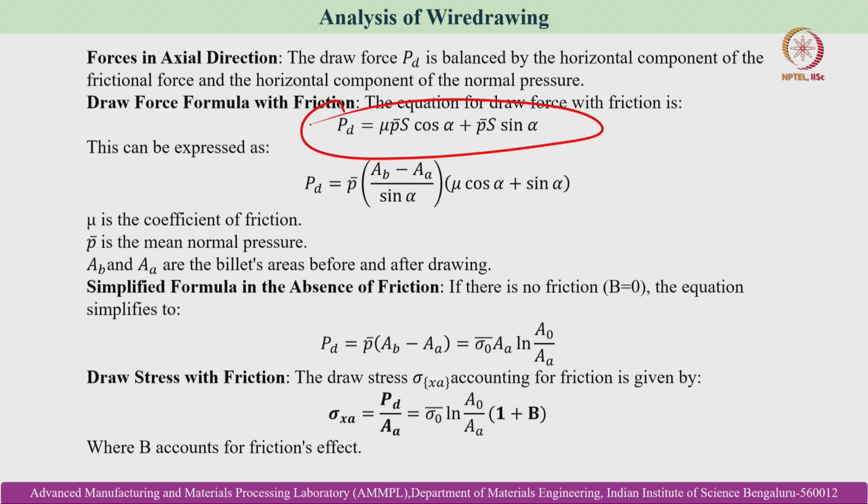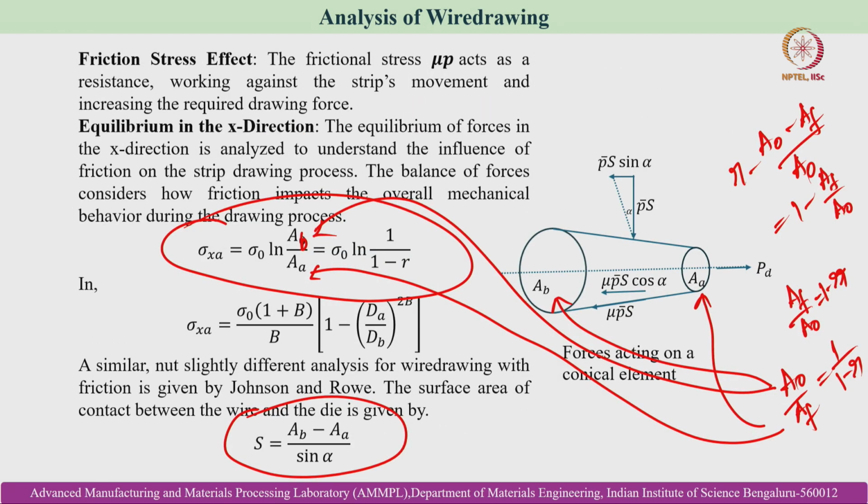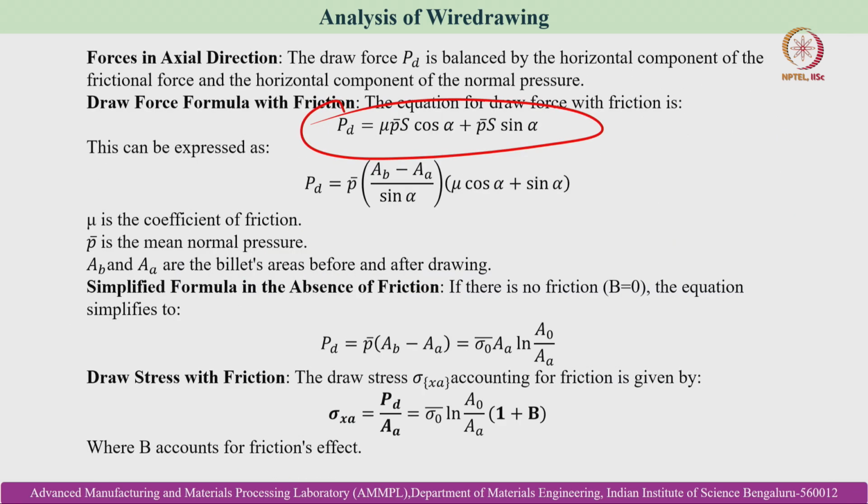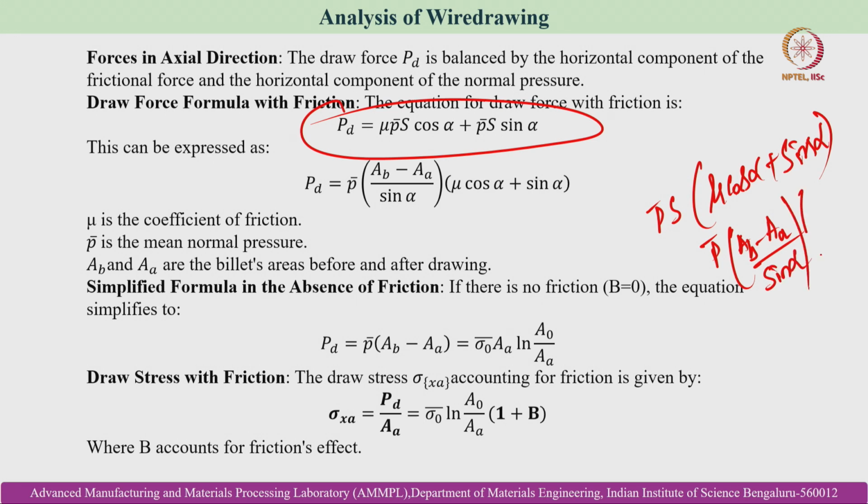This can be expressed as PD is equal to p bar into, putting the expression for S that we have just discussed in the previous slide, AB minus AA by sin alpha, and then mu cos alpha plus sin alpha, because if you take p bar S common, it becomes mu cos alpha plus sin alpha, and then you put in the expression for S. Then it becomes p bar into AB, the initial area, minus the final area, divided by the sine of the semi die angle, into mu cos alpha plus sin alpha.